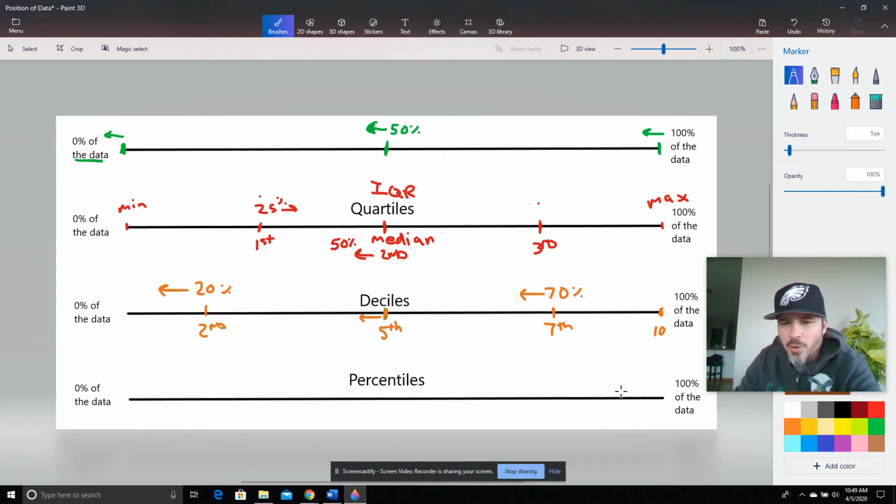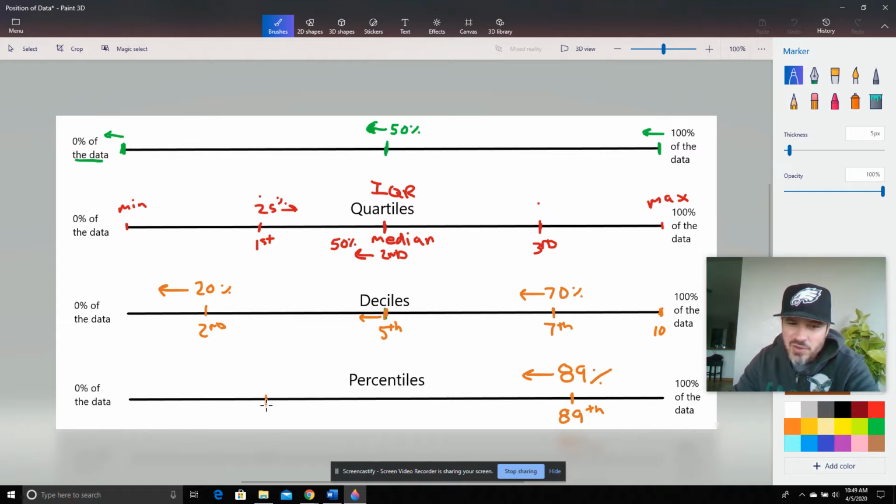The one we use the most is percentiles. We use this a lot in testing to compare ourselves with the rest of the nation. So if I score in the 89th percentile, what we're saying here is that we are scoring higher than 89% of the other people that took that test. Percentiles label the data by the exact percent of where you're at.